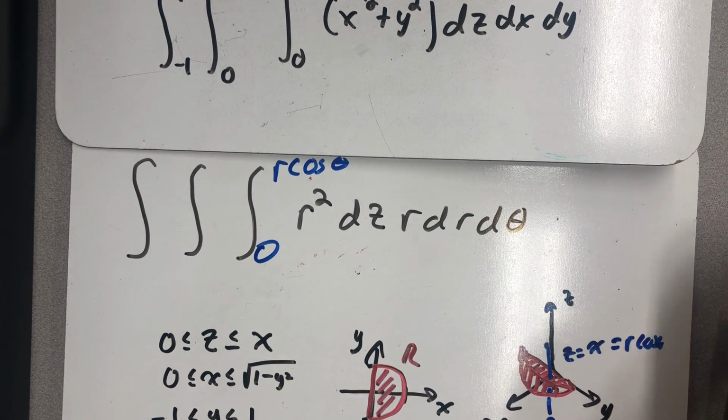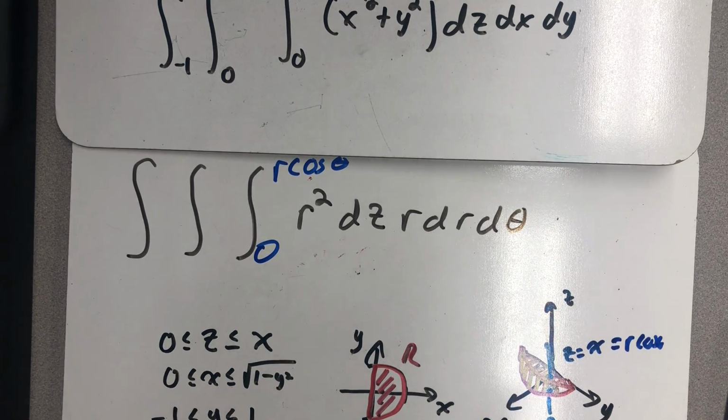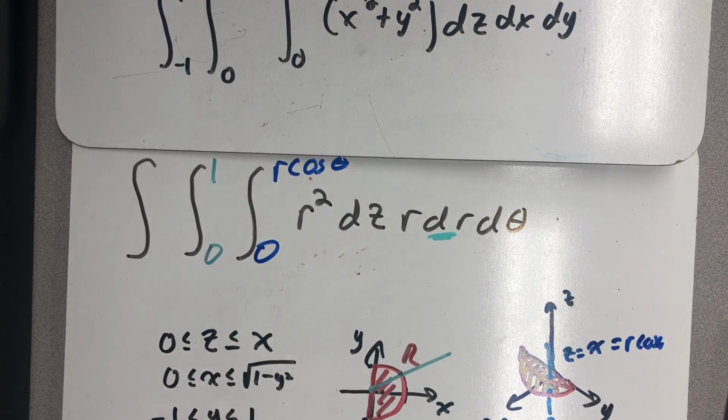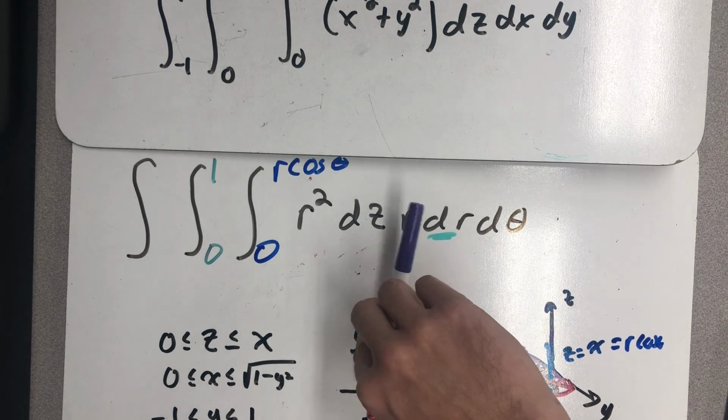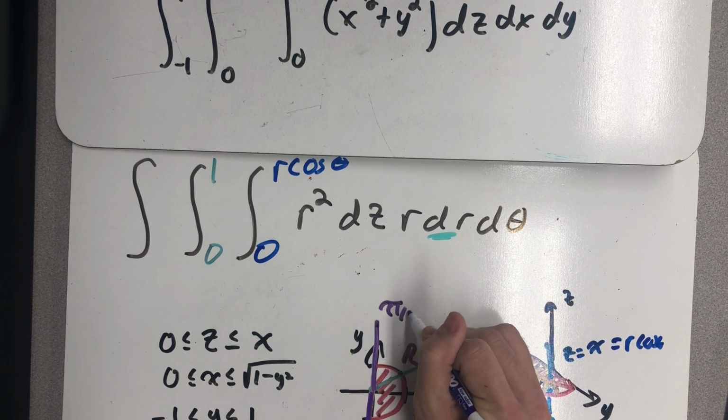Now I need to look at the region R, but treat it like a polar region. I draw a ray in the increasing direction of r. I would start at the pole, travel through the region, and then exit at the circle, and that would be from 0 to 1. Finally, I need bounds for theta that include the entire region. If I start here and rotate around this way, I definitely get the entire region, so that would be from minus pi over 2 to pi over 2.